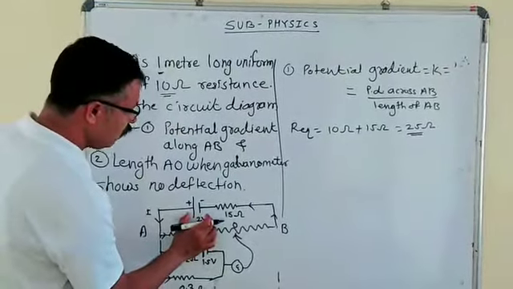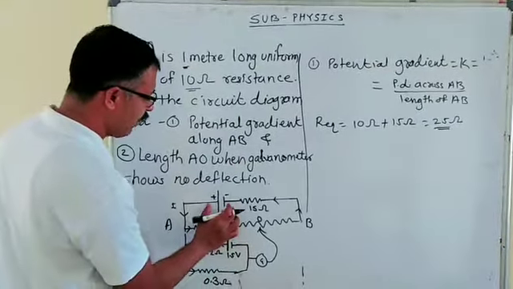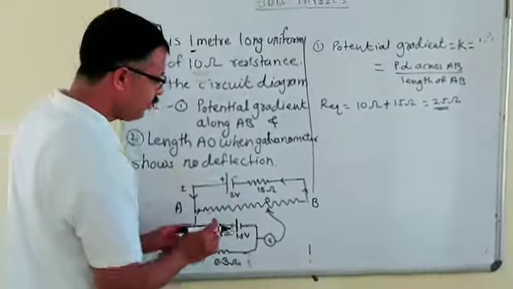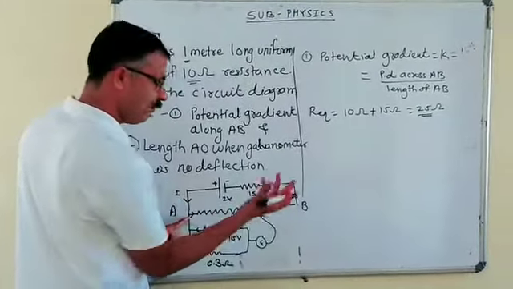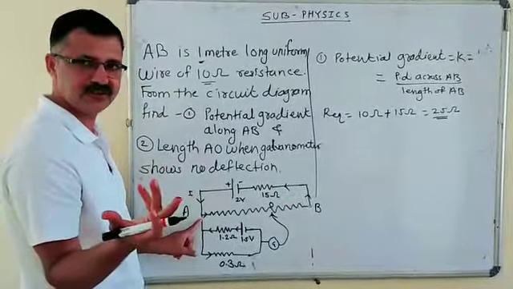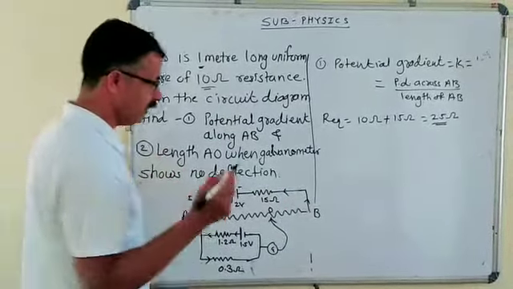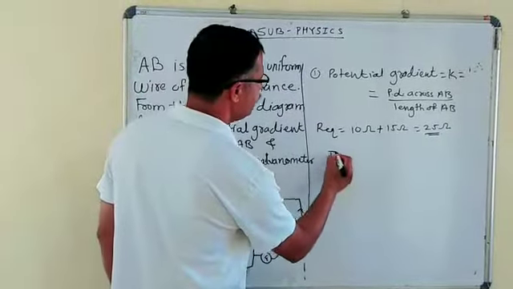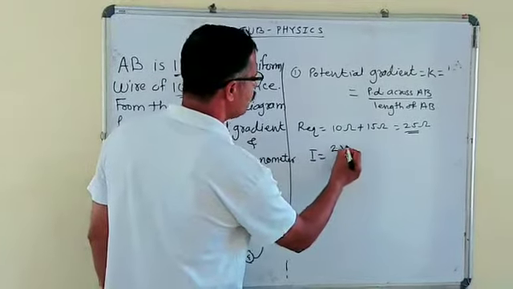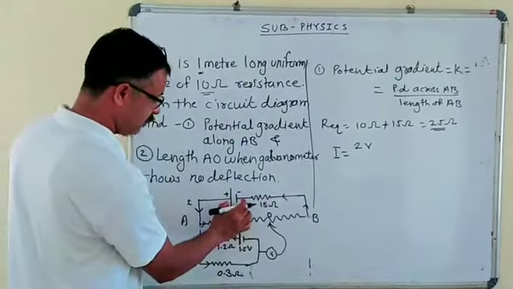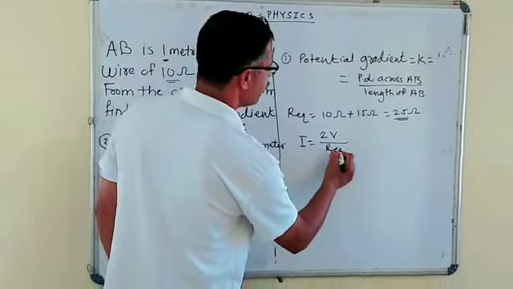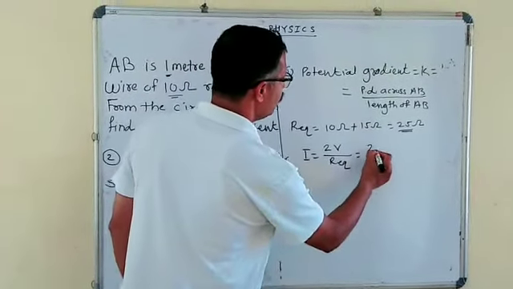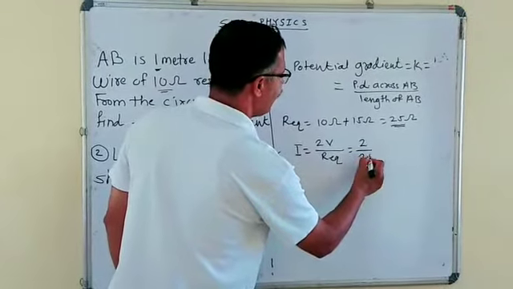While this is 2 volt, from this we will determine the current, and once we know the current, then by multiplying the resistance with the current, we will determine the potential difference across AB. Hence, current I is equal to 2 volt, the total potential, upon R equivalent, that is 2 upon 25.